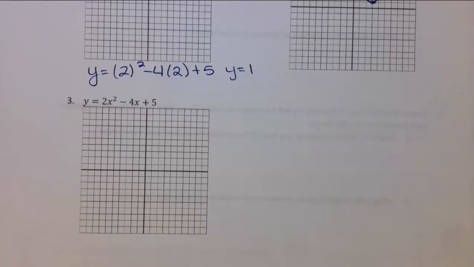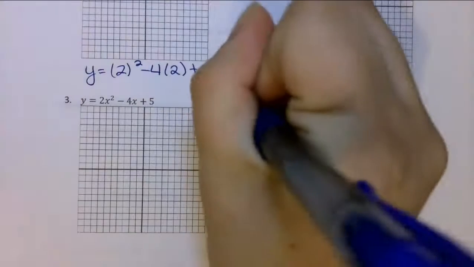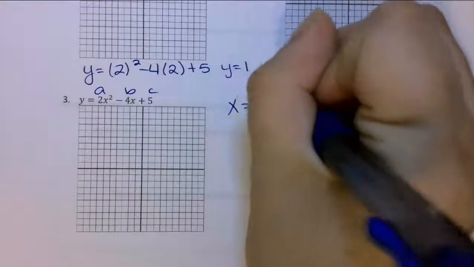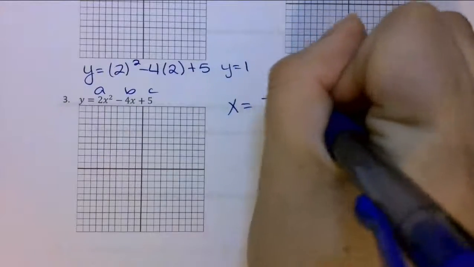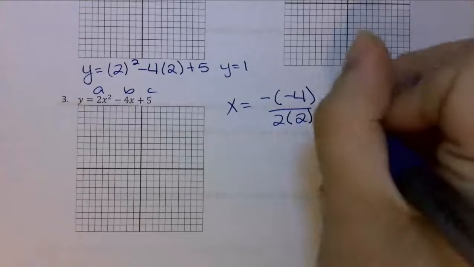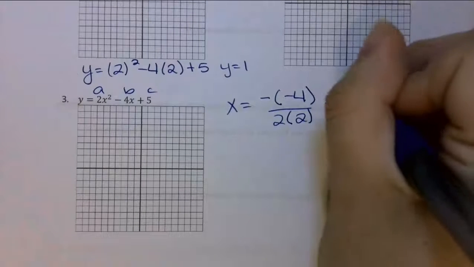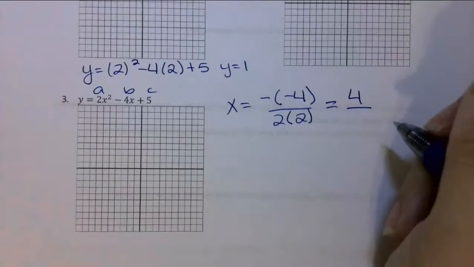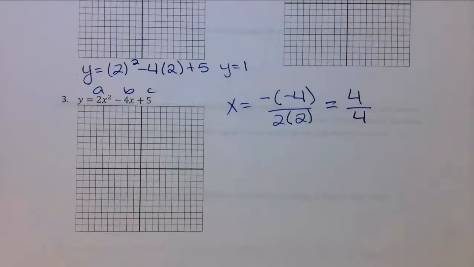This one again needs me to use the vertex formula, so I'm going to have x equals, this is a, b, c, negative from the formula, negative 4 from the b value, 2 from the formula, 2 from the a value. Negative negative 4 gives me positive 4, 2 times 2 gives me 4, 4 divided by 4 gives me 1.